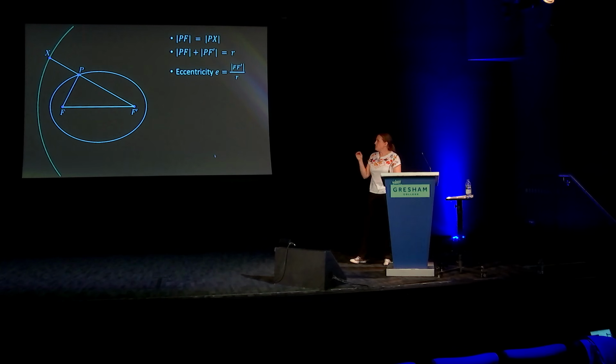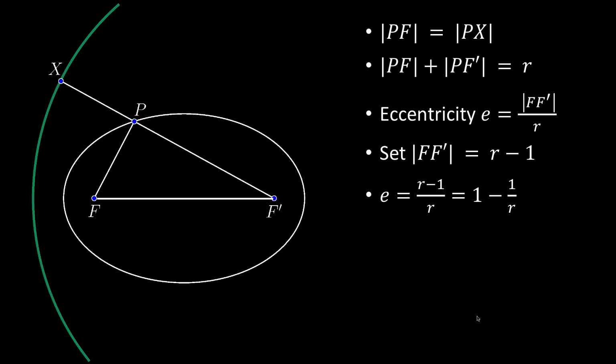So what I'm going to do is show you a series of ellipses where the eccentricity is getting higher and higher, approaching 1, never quite reaching it. The way I'm going to do it is to take a radius, r, of this big circle, and make the distance between the foci just 1 less than that.